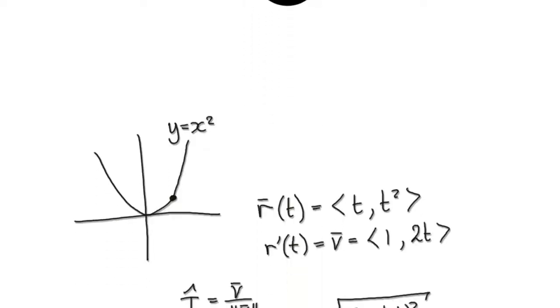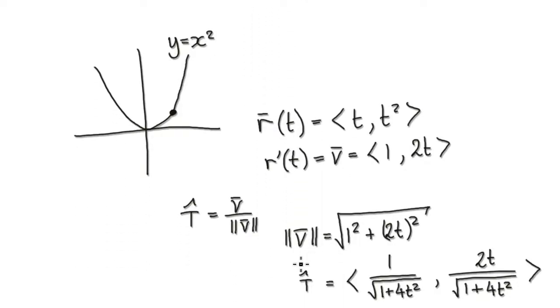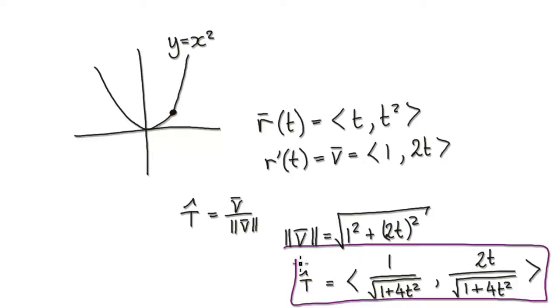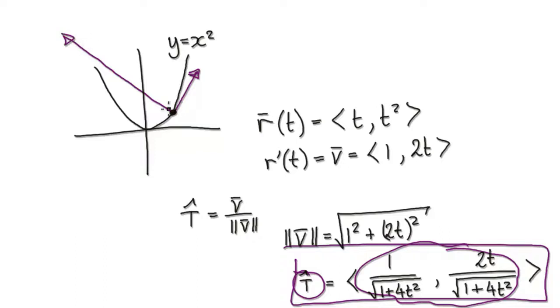Following on from the previous video, we got to this stage where we've worked out our unit tangent vector of magnitude 1. If you differentiate the unit tangent, it will give you a new vector, and this new vector is always orthogonal to the unit tangent.